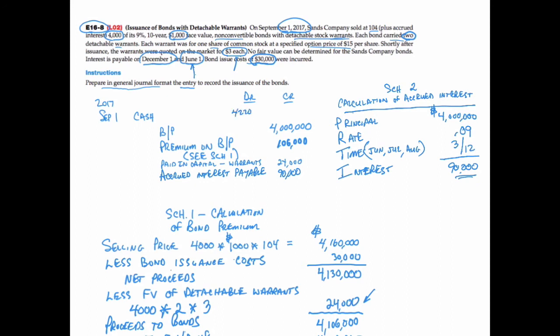A debit to cash. And this is to issue bonds with detachable warrants. Okay, so there is the entry that we're looking for.